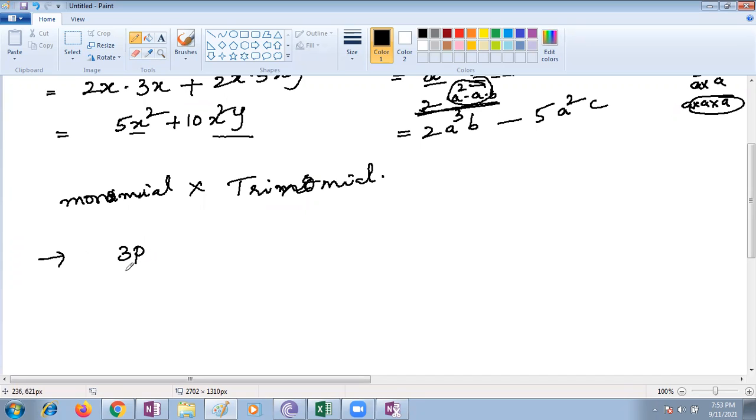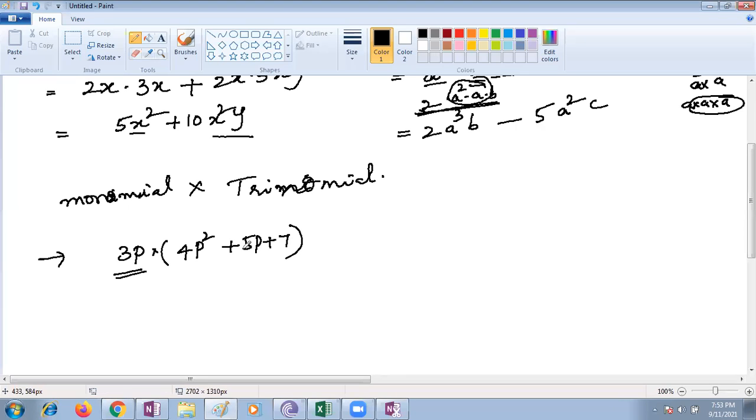This is what type of expression? Ma'am, it's a binomial. Oh, this one. Monomial. Okay, monomial with a trinomial. Just check whether a trinomial you are getting or not here.